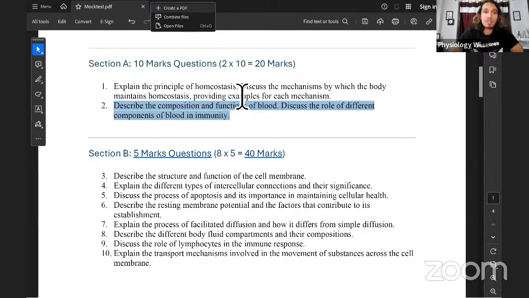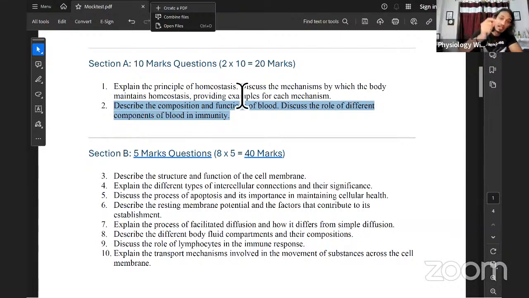So what do you do in this? Describe the composition. Okay, when you talk about blood, you can talk about the PCV, how there is plasma, and you have cellular elements. What are the 3 different parts of the cellular elements? So that you can draw and explain.